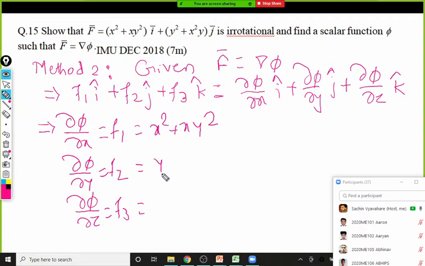F2 is y square plus x square y, and f3 is 0 there. Now tell me what should be the next step to get the function phi. What should be our next step here to get the required function phi?